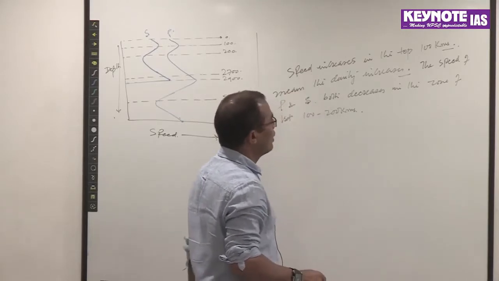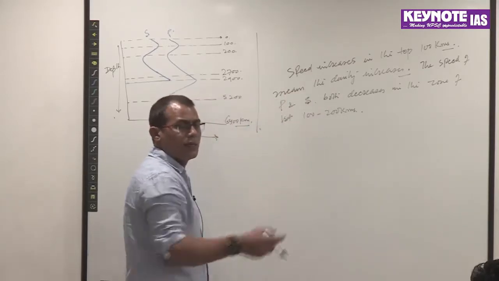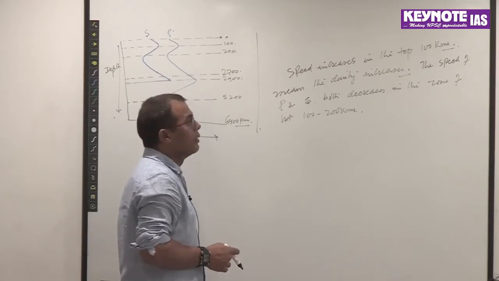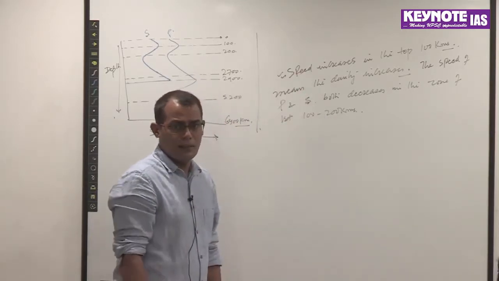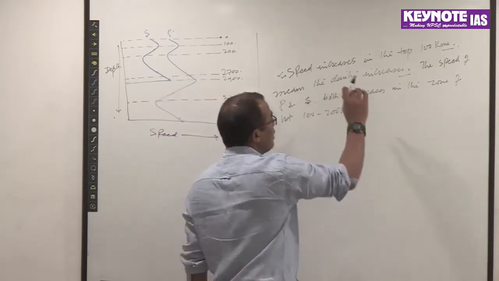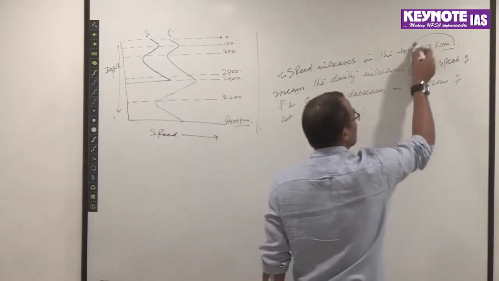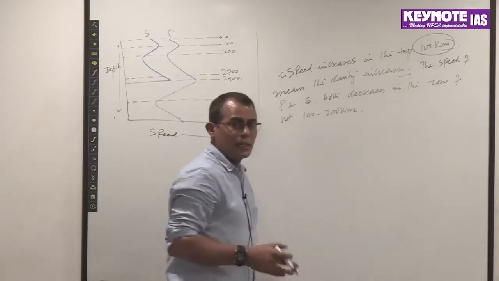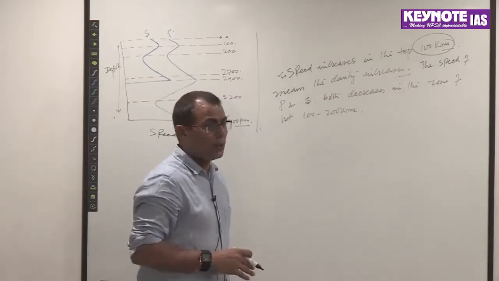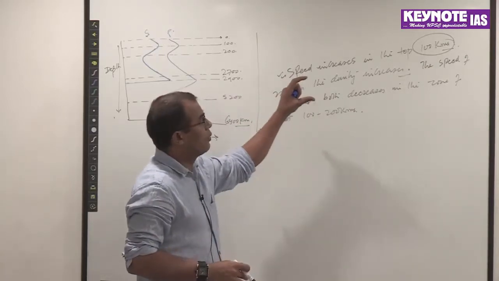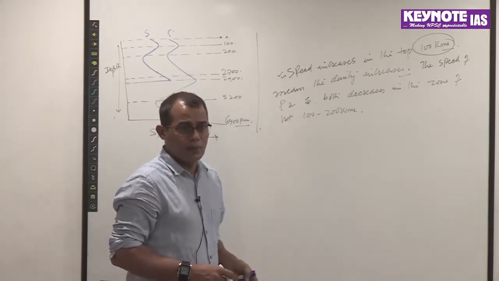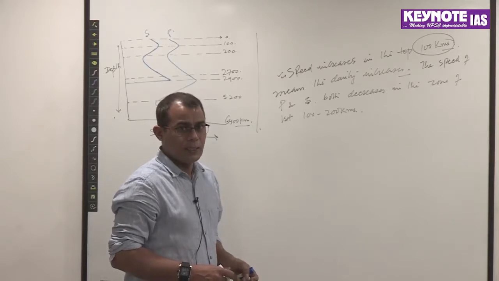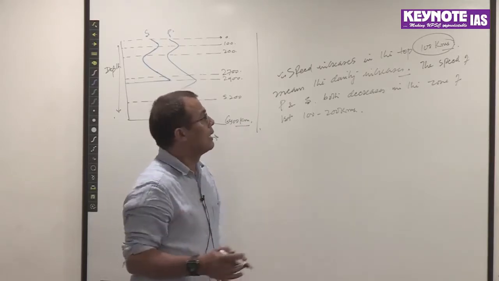Now, if you look at the first 200 kilometers, we can have certain conclusion. Increasing speed means increasing density, right? And there is a layer of top 100 kilometers, which is unlike the older classification of crust, mantle and core. Now there is a different chemical composition which has certain level of homogeneity in the top 100 kilometers. Right? The speed is continuously increasing.